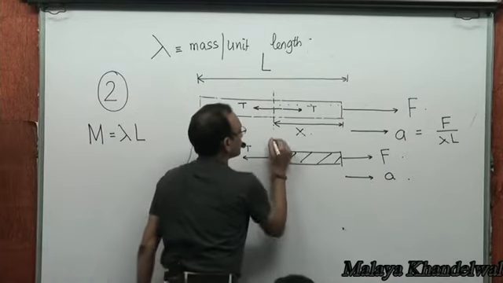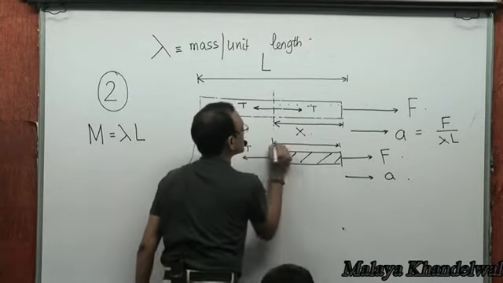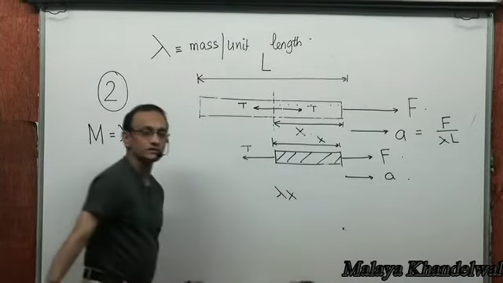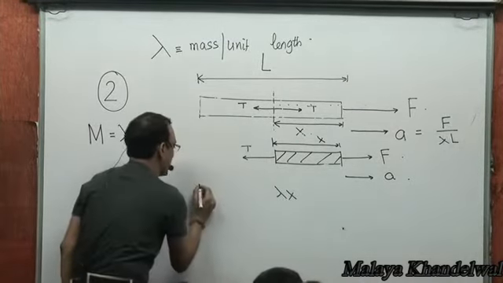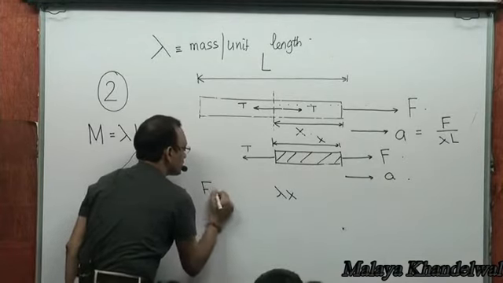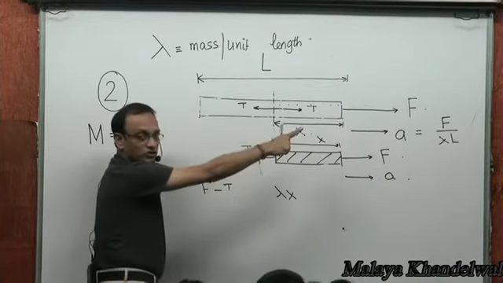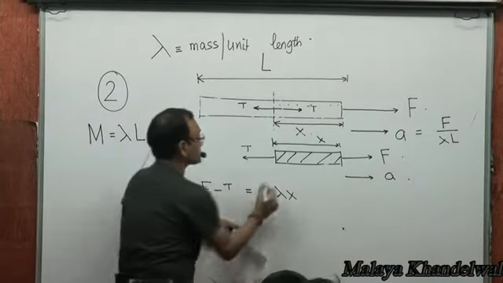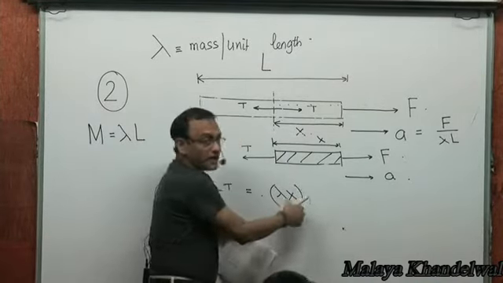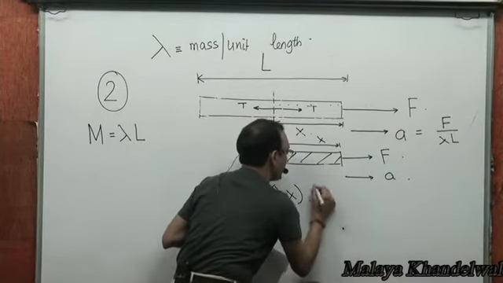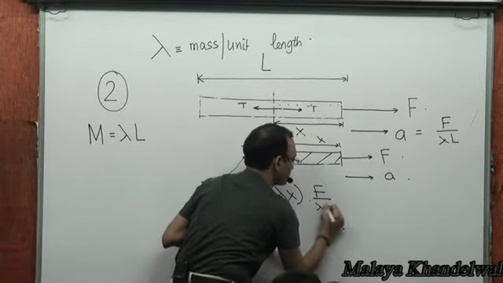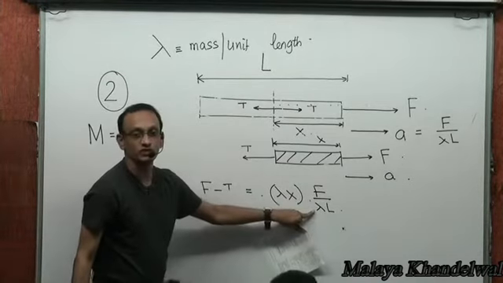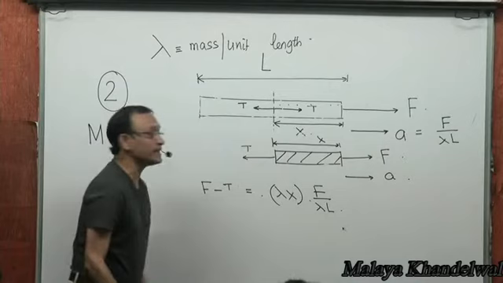And if the length of this is x, then what's the mass of this? Lambda x is the mass of this. The net force is F minus T, right? And that must be equal to mass into acceleration, lambda x into F by lambda L. Yes or no?